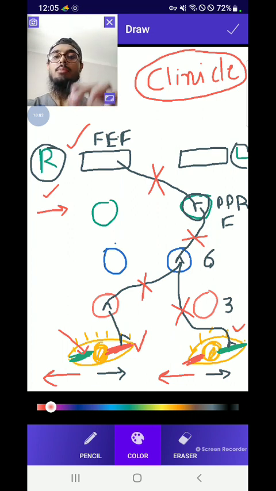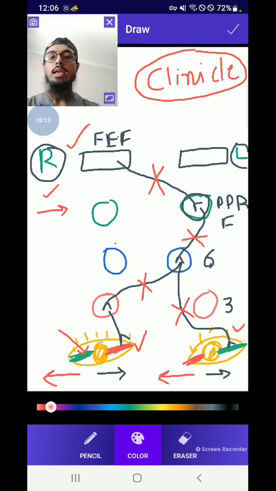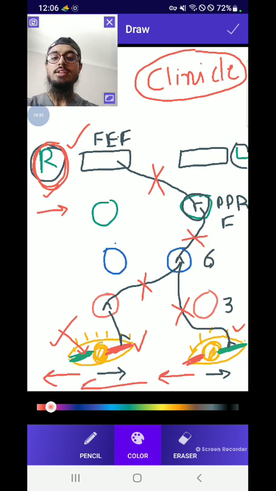Okay, if there is damage, what is the name of this disease? The name of this pathology is ipsilateral conjugate gaze deviation. Why ipsilateral? Because due to damage of the right side frontal eye field, your eyes also move towards the right side.